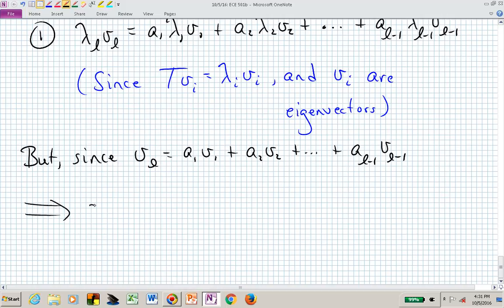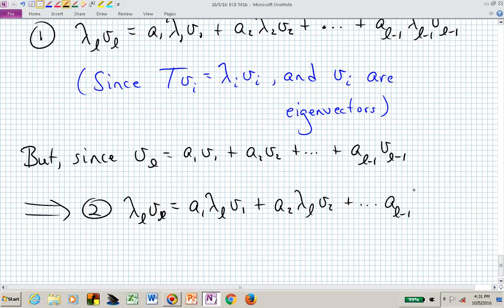We can now create a second equation by multiplying both sides by lambda sub L. On the left we have lambda sub L V sub L, and on the right we have A1 lambda sub L V1 plus A sub 2 lambda sub L V sub 2, plus A sub L minus 1 lambda sub L V sub L minus 1. Notice that I am not changing lambda. It was the same across both sides.